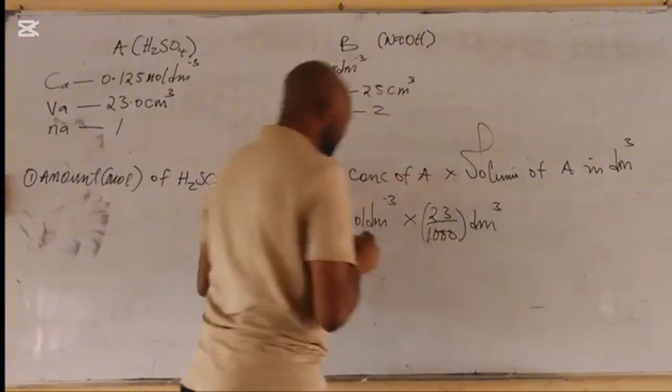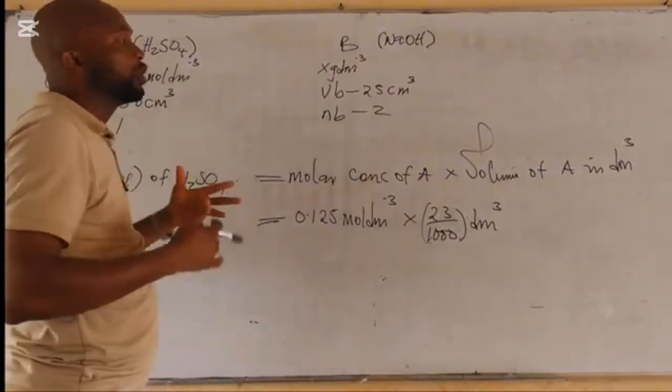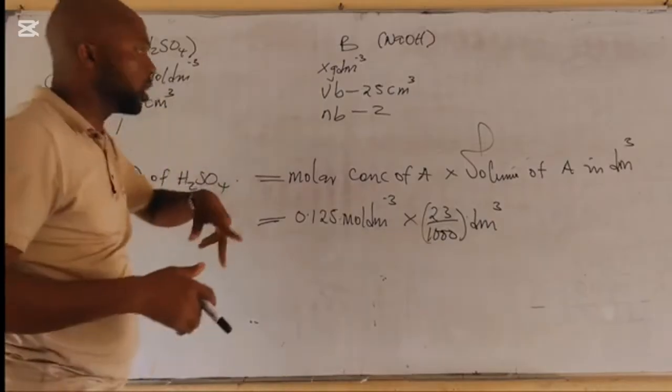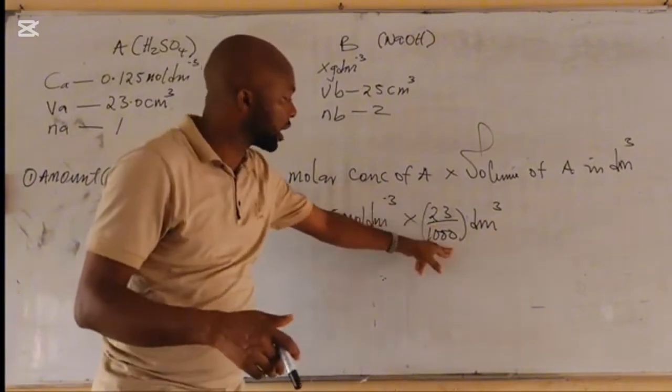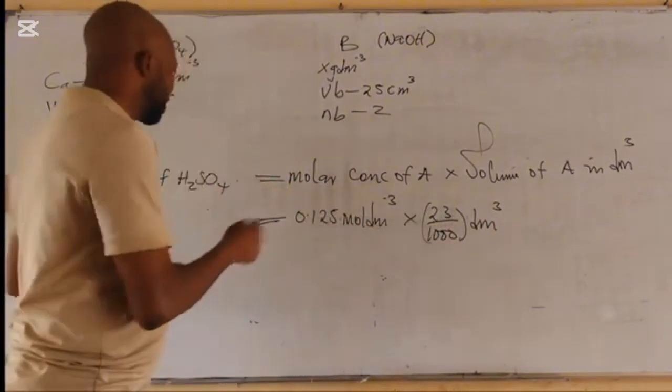I'm going to explain this. Now the volume given here is 23, but since the unit here is in cm cube, we want to convert the cm cube to dm cube, means you divide it by 1000. So that is how we get here now, in 1000. So let's proceed.